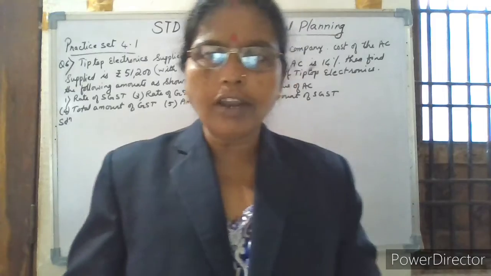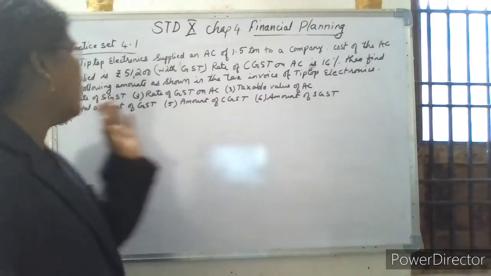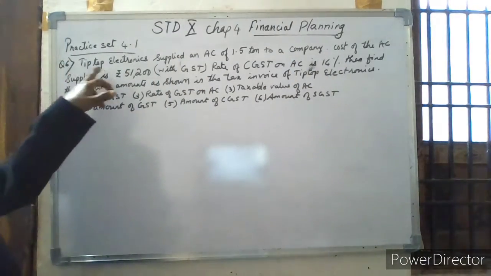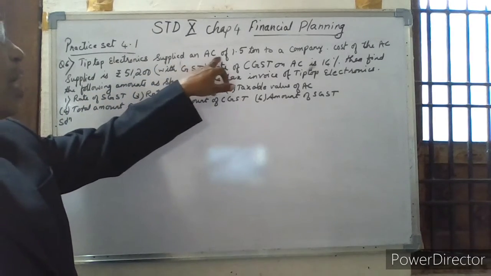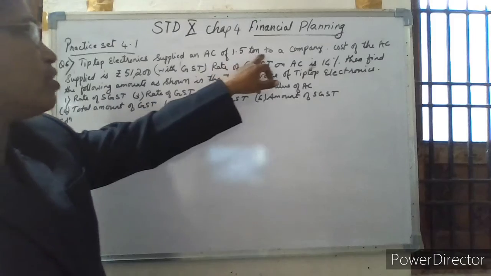Now let us solve the next question, that is the sixth question. Tip Top Electronics supplied an AC of 1.5 tons to a company.